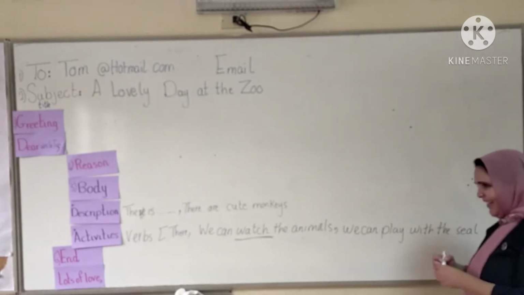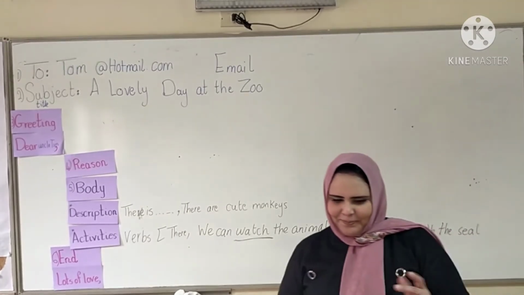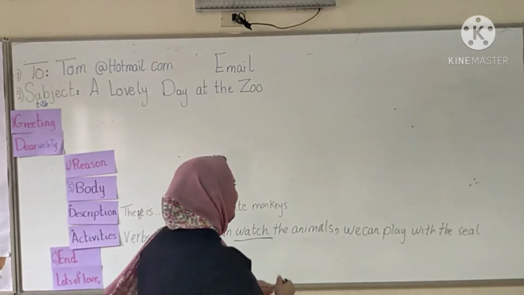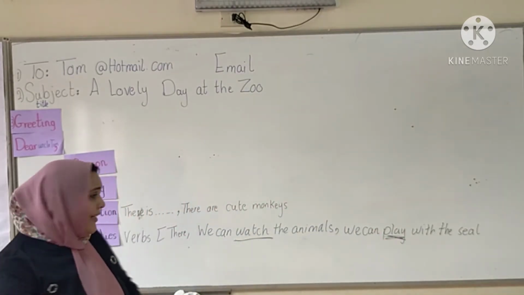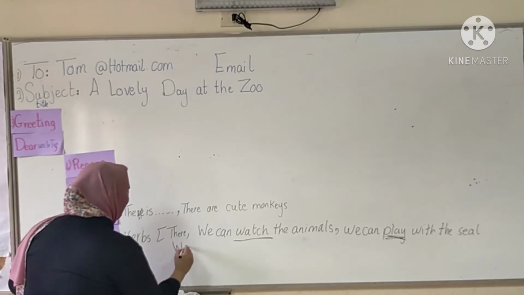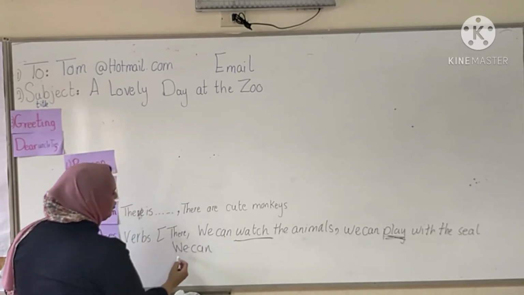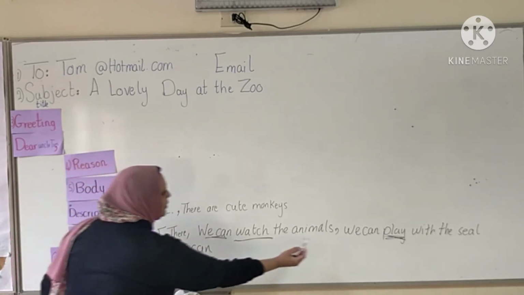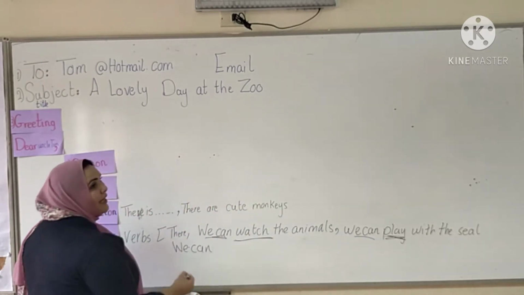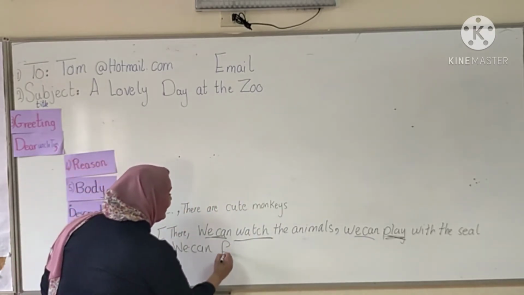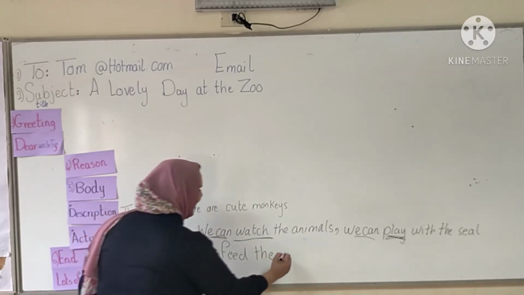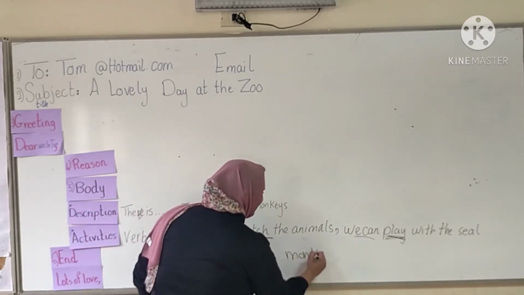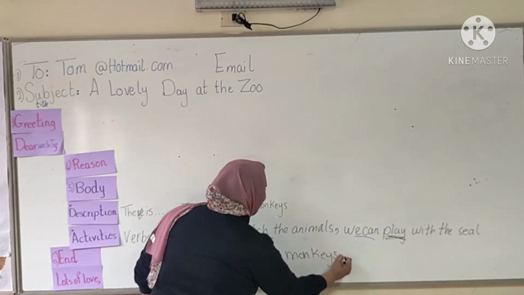Do you know the seal? The lovely seal? That's another activity. We can play. Now what else we can? Did you notice that I always use we can? We can what else? We can feed the monkeys. These are activities.